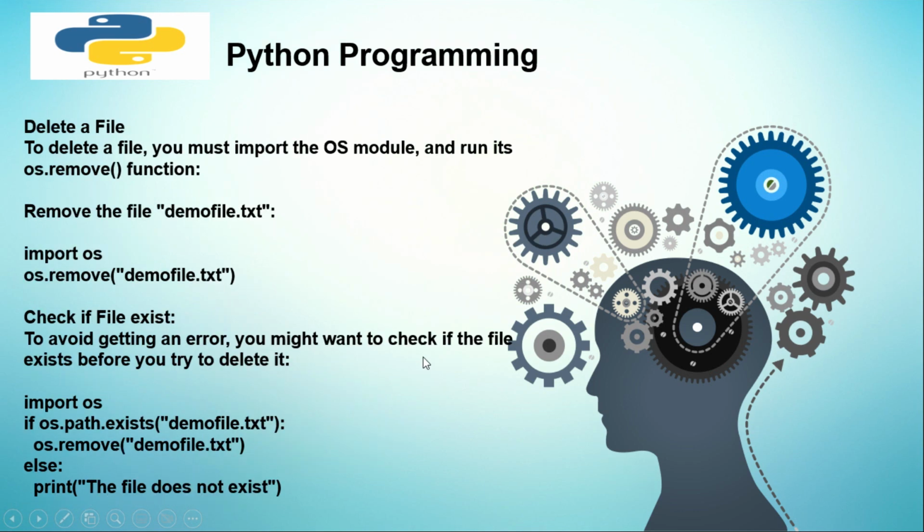Now if you want to delete a file, from the operating system module it is the os.remove function. If you want to remove the file demofile.txt, you have to import the OS module, just as we imported math and JSON. The os.remove function will remove the file, and you specify the file name.